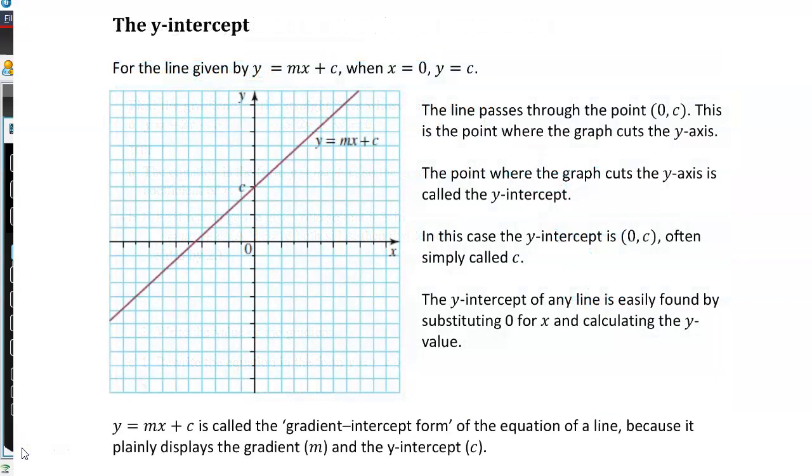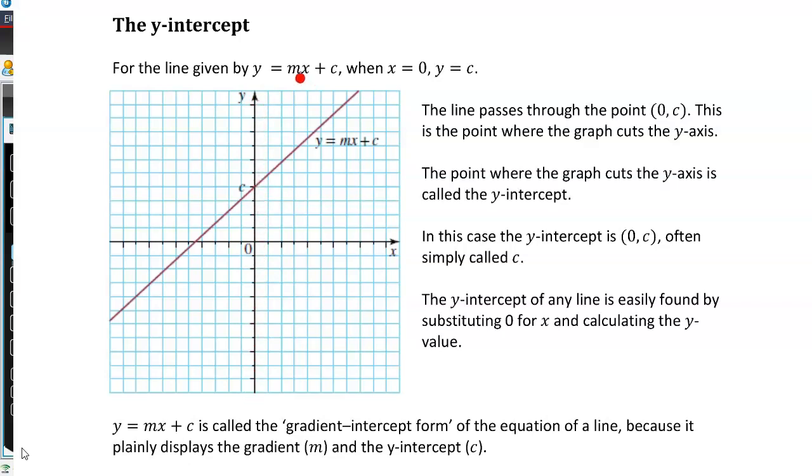Now the y-intercept. The y-intercept occurs where the line cuts or intercepts the y-axis. And that actually is also shown in the general form of our equation. This is why we also call it the gradient-intercept form. It happens at c, where y equals c. Because at that point along the y-axis, x is equal to 0.